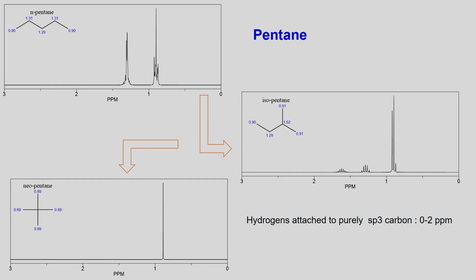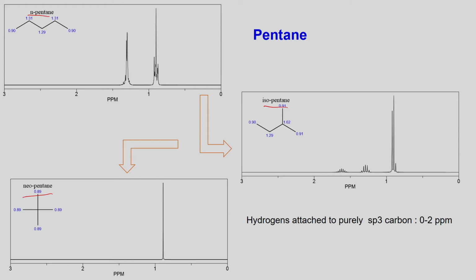Now, for example, let us see this case using pentane. We can have 3 compounds: normal pentane, isopentane, and neopentane. In normal pentane, we do not consider the 2 different peaks, we consider the overall peaks.